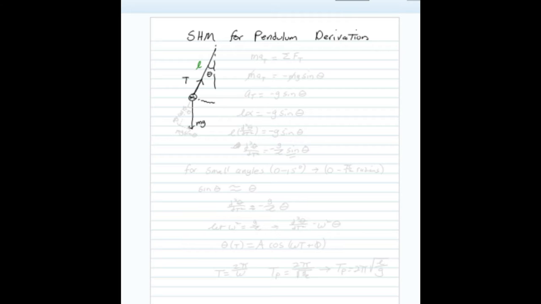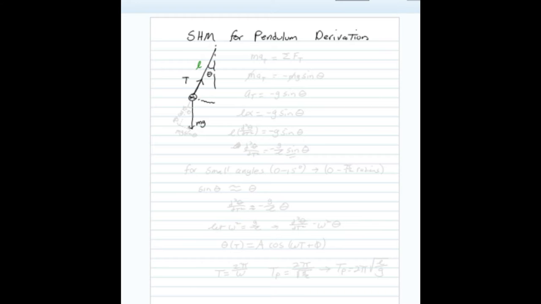So we have two forces acting on this mass. We have gravity pulling it down, and we have the tension up and to the right in this picture. Since this thing is moving in a circular arc, I want to think of it in terms of centripetal acceleration and tangential acceleration rather than in the x direction and the y direction.